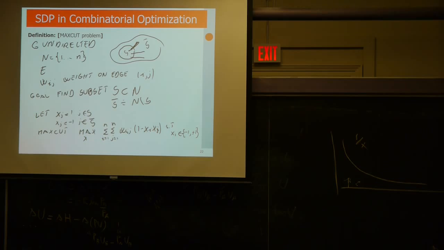Why? Because if xi and xj are both in S, then this product will be 1. If they are both in S bar, the product will be 1 again. So this 1 minus xi times xj will be non-zero if and only if this is an edge from S to S bar. Okay, so this is what we want to do.